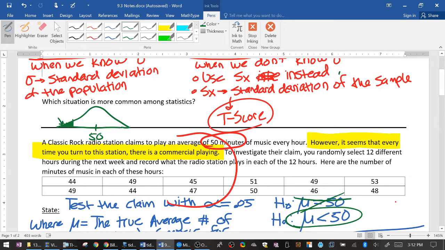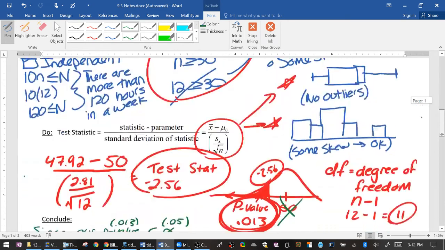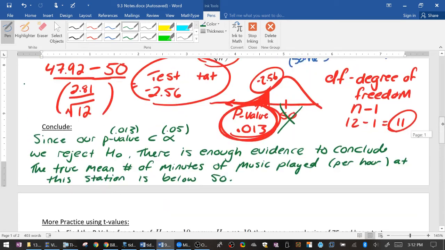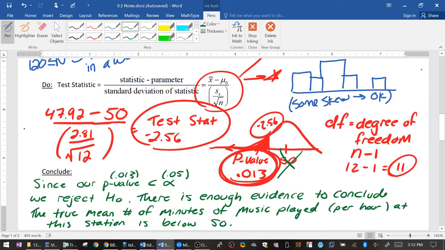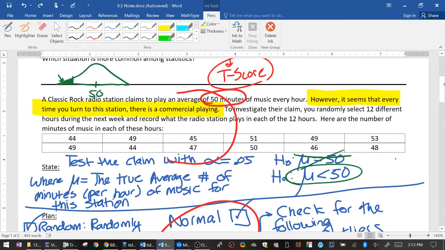Now, just in case this happens, you might not always get a t-score that's negative. So let's go back to our answer. You might not always get a test statistic that's negative. Sometimes you might get a test statistic that's positive.